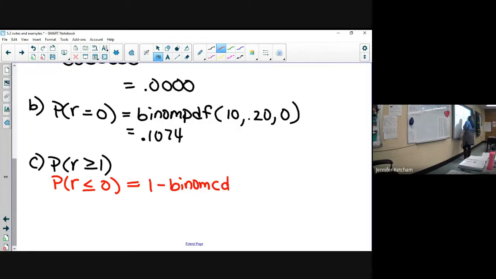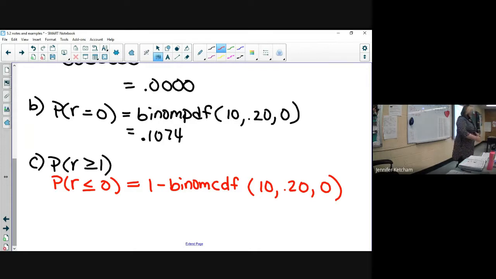If you look at that third one there, it tells you to do 1 minus the binomial CDF. Why? Because I want the opposite of what I'm actually calculating. If I'm calculating what I'm looking for, it's straight binomial CDF. If I've changed it to the alternative, you have to do 1 minus. So our N is still 10, probability of success is still 20%, and our R is 0.